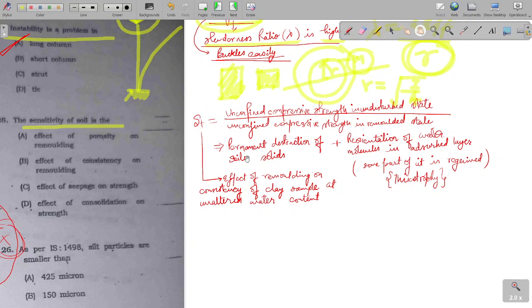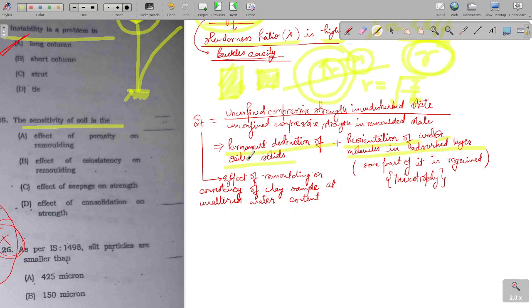And at the molecular level, why it happens is when we remold the soil. Suppose whenever we disturb the soil, like when we install a pile, there is a remolding that takes place. It causes permanent destruction of soil solids, and reorientation of water molecules in the adsorbed layer.